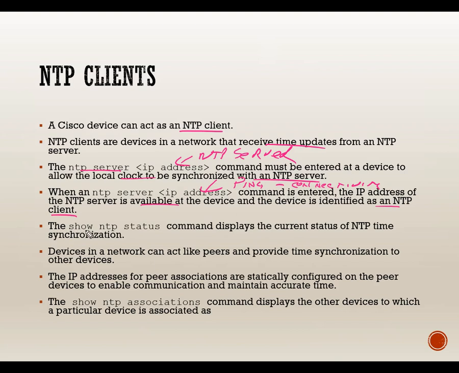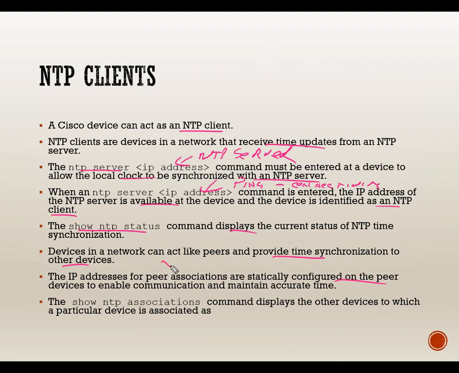The show ntp status command displays the current status of the time synchronization. Devices in the network can act like peers and provide time synchronization to other devices. IP addresses for peer associations are statically configured on the peer devices to enable them.